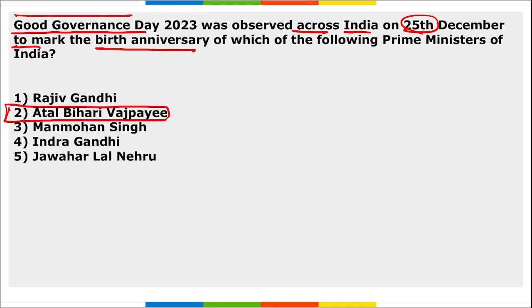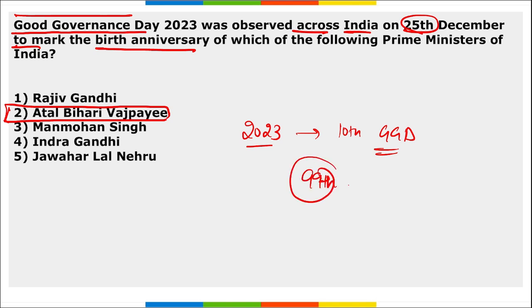And this year in 2023, this was the 10th edition of the Good Governance Day, and 2023 was the 99th birth anniversary of Atal Bihari Vajpayee. Correct? Atal Bihari Vajpayee was the 10th Prime Minister of India.